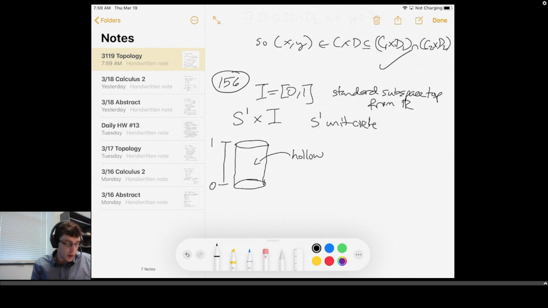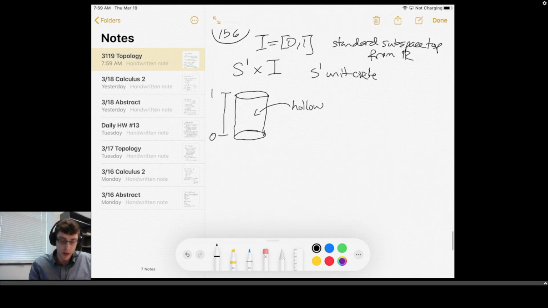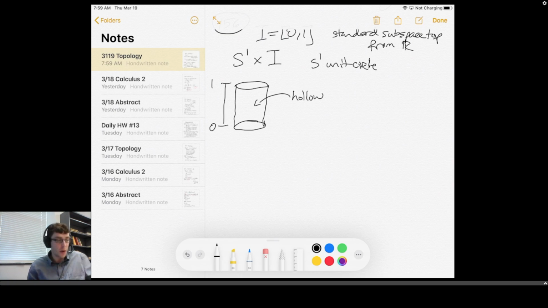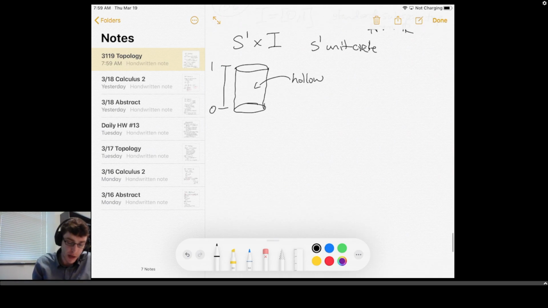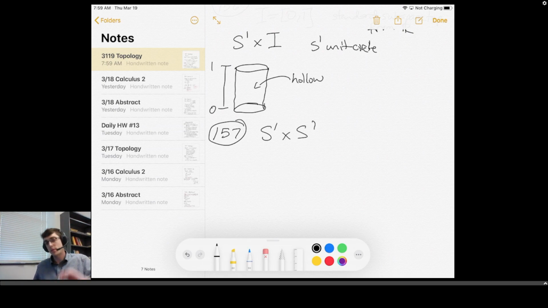And then let's look at one more and talk very briefly about open sets, because this has to do with what we closed with last time when we talked about the basic opens for the subspace topology on S1. So we did S1 cross I. What is S1 cross S1?